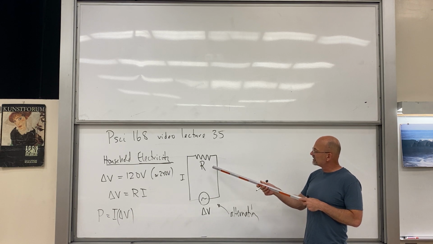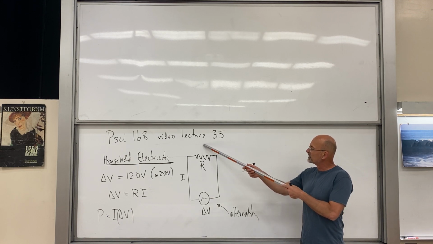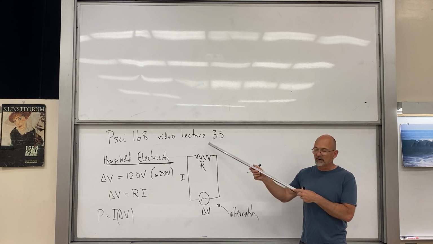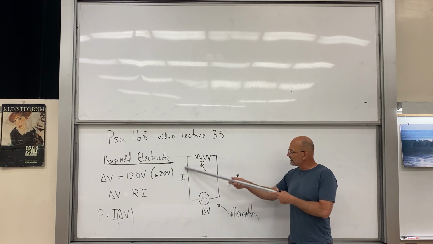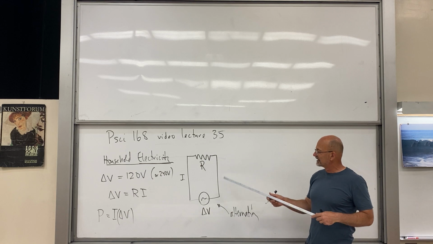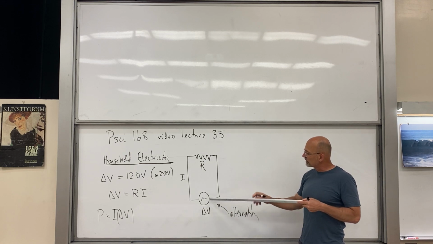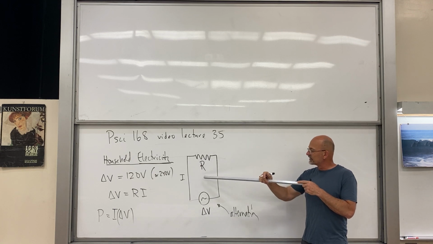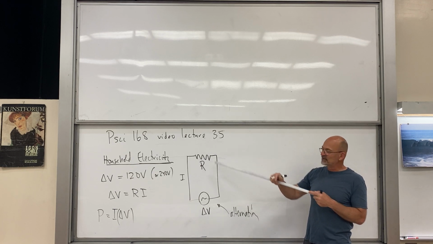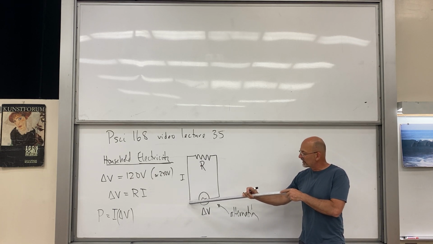I also mentioned that in addition to our device here producing heat, say the light bulb, the current in the wires actually also produces heat. This was the idealized circuit where the wires had no resistance and all the resistance is in the resistor, the device, but in reality the wires themselves can get hot.